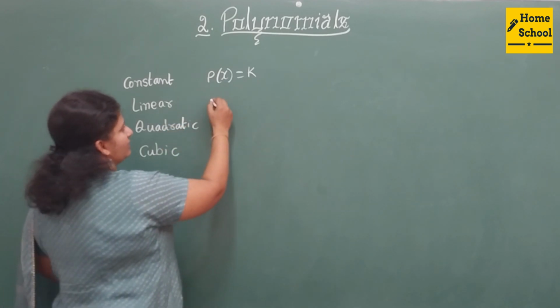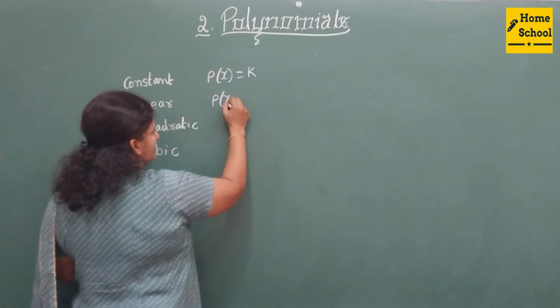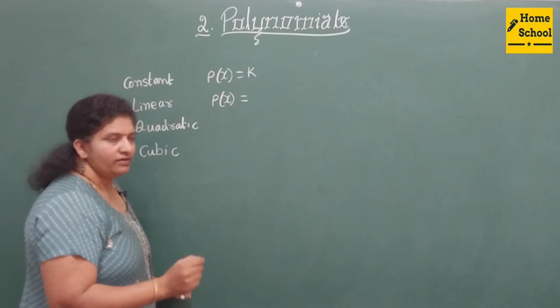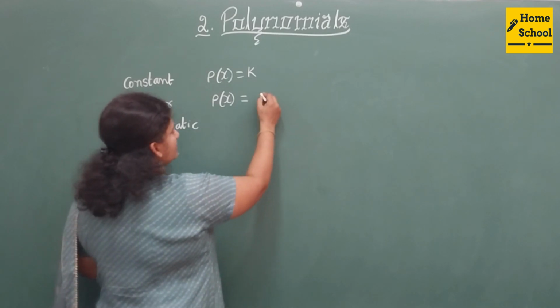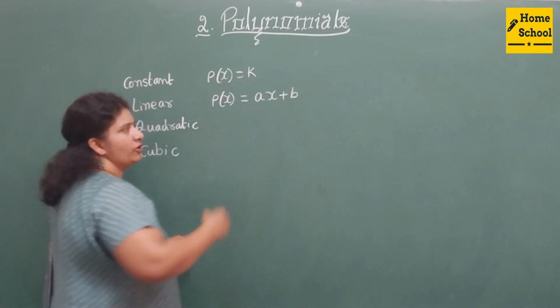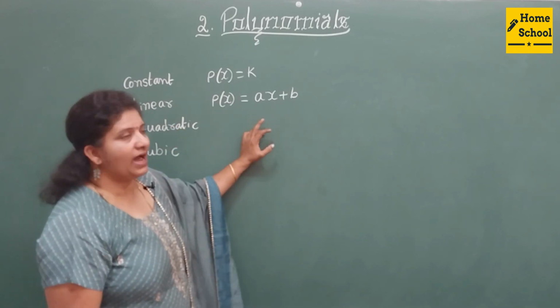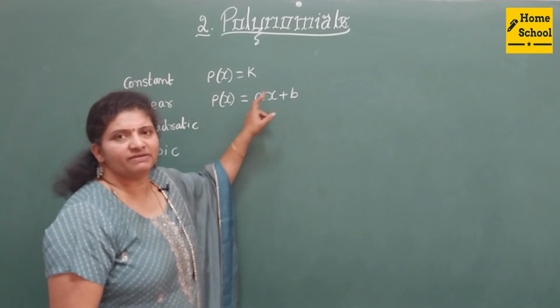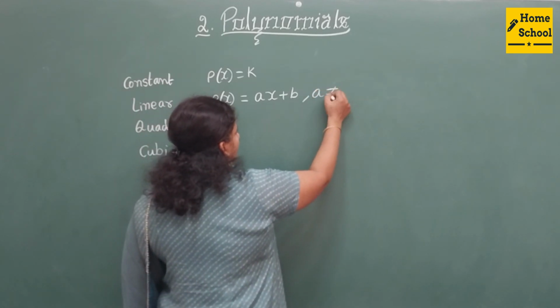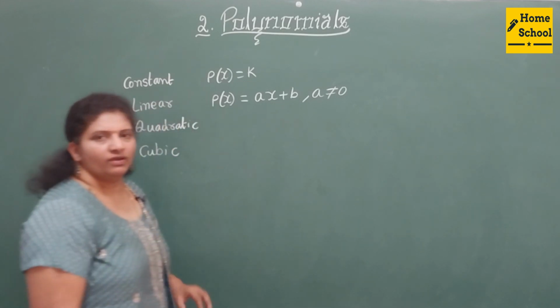Linear polynomial can be written as p(x) = ax + b, where x is a variable. The highest power, that is the degree, must be 1, where a cannot be equal to 0.